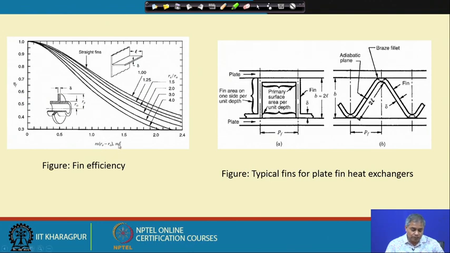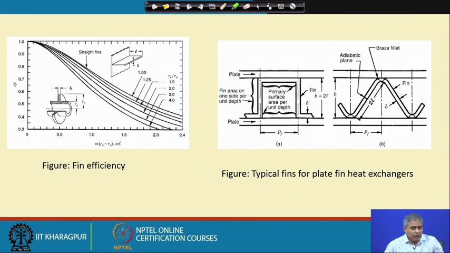If that is known, then the fin efficiency of the circular fin depends on m multiplied by (Re minus Ro) and Re by Ro. These different curves are for different Re by Ro. For other values we have to do interpolation. With this we can estimate the efficiency of the circular fin without a tedious calculation involving the Bessel function.